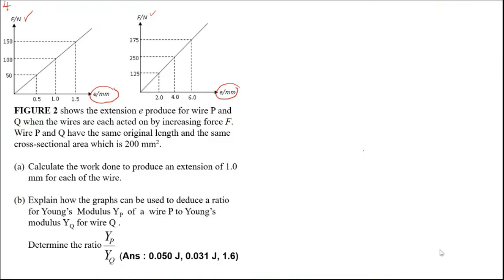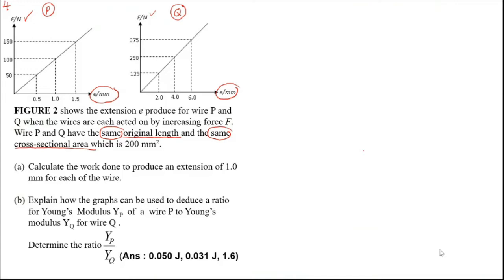It shows two wires, wire P and wire Q. The first figure is for wire P, then the second figure is for wire Q. They have the same original length, and also the same cross-sectional area, which is 200 millimeter square.